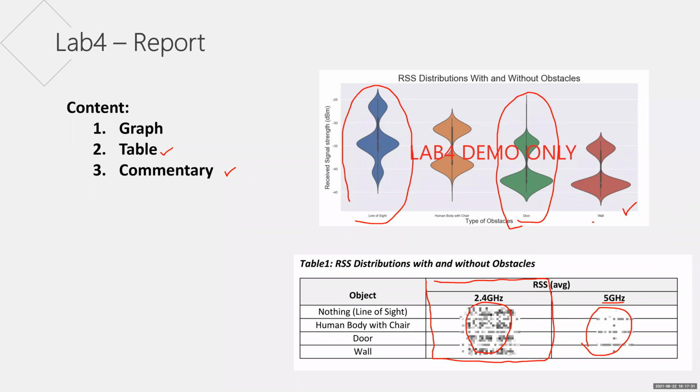So is just the bar graph enough? I think so. Just make them very clear. It will be fine. Only 2.4 gigahertz in the table is okay, right? Yes. 5 gigahertz is optional. You are not required to do this. But if you can do it, maybe you can get higher marks.